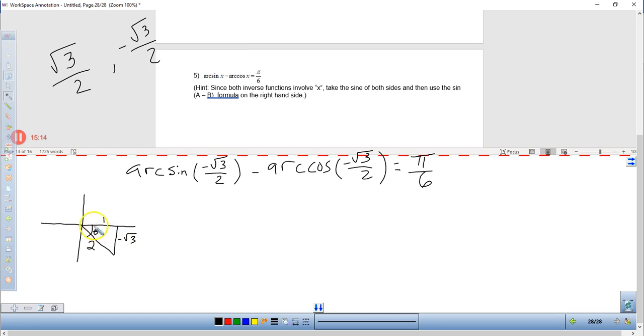Well, we know it's some variation of 60 degrees, but we're talking about radians, so it's negative pi over 3.